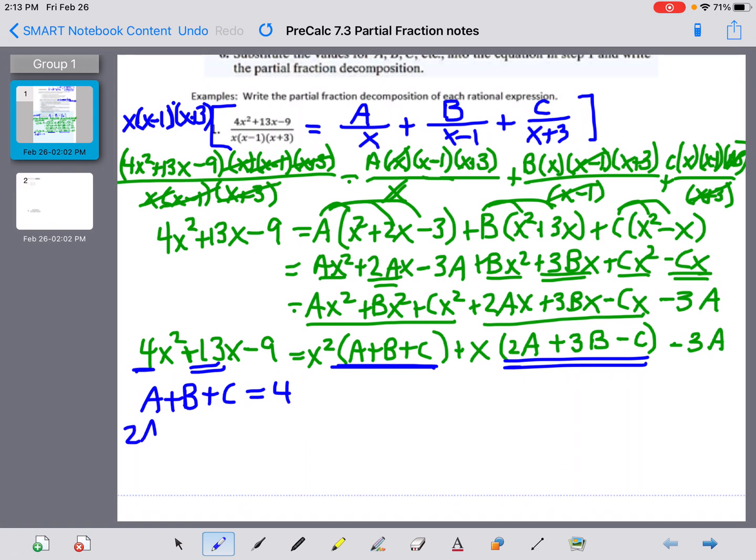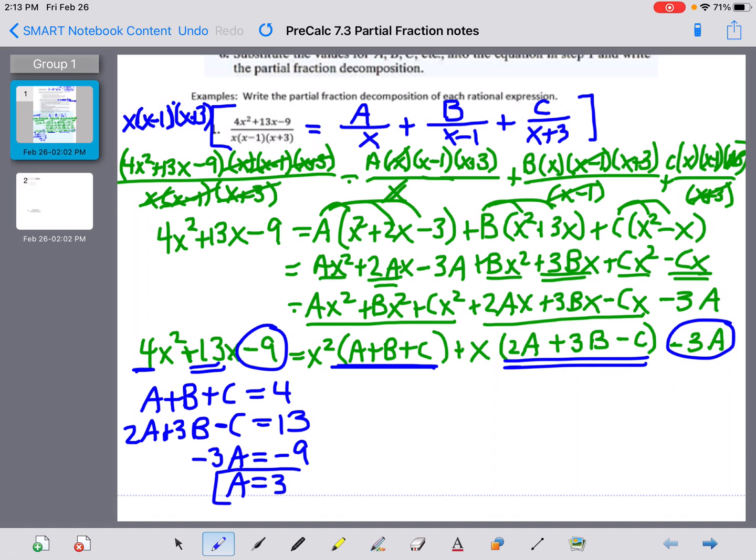So I can have 2a plus 3b minus c equal to 13. And likewise, on my constants with no x's involved, my negative 3a is going to equal my negative 9. What works out super nice for me right now is I know with this very last one, my a is going to equal 3 when I solve that.